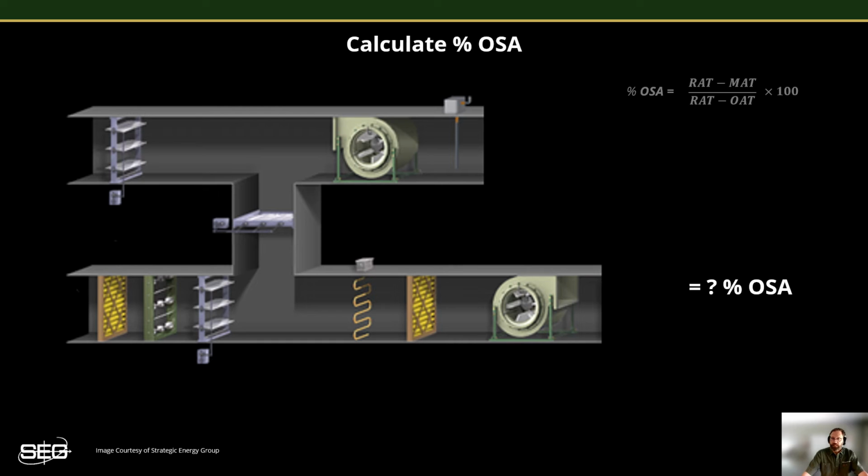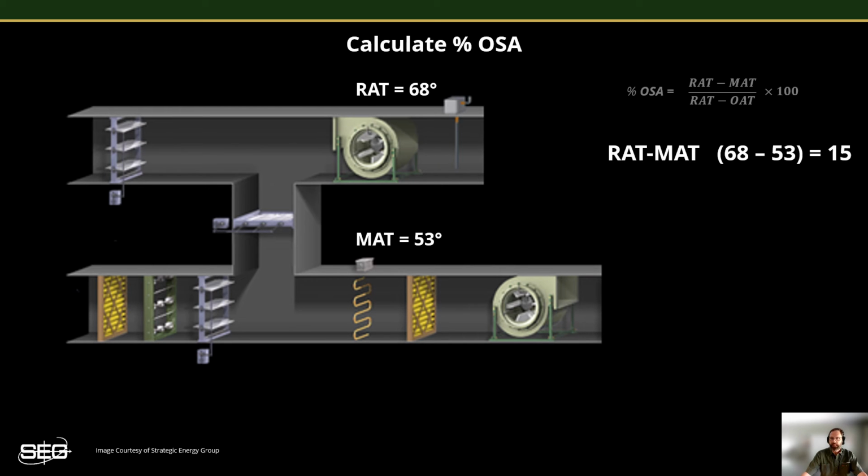Now, since I think it's so important to verify if a fan system is overventilating, let's go over how to easily calculate and verify the actual percentage of outside air. So in this example, we have a return air temperature of 68 degrees and a mixed air temperature of 53. 68 minus 53 equals 15.